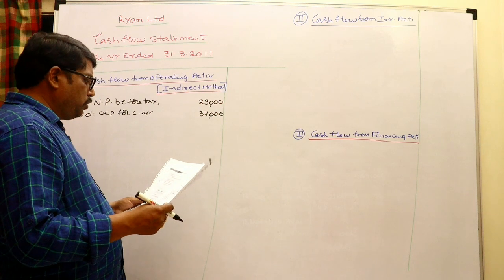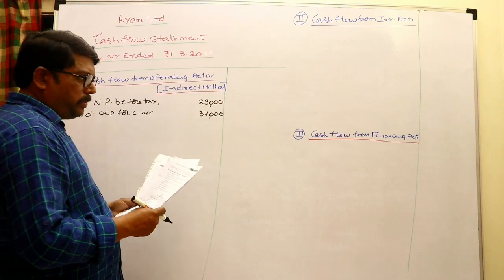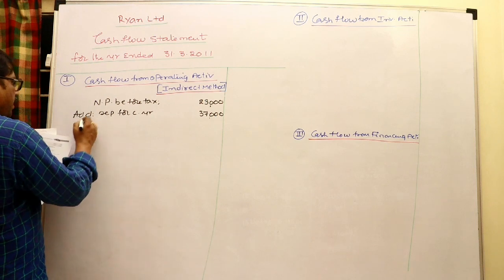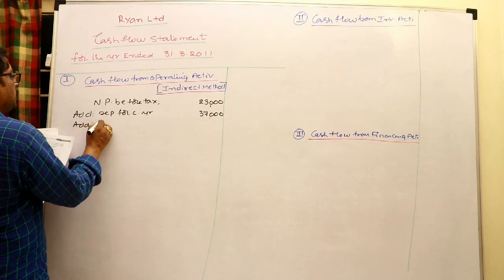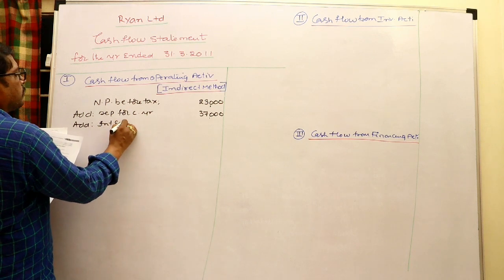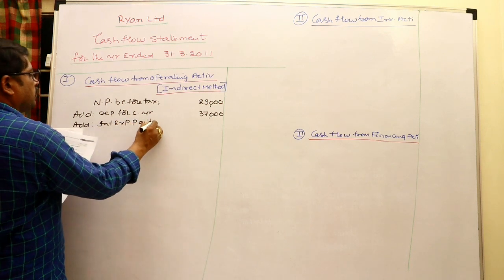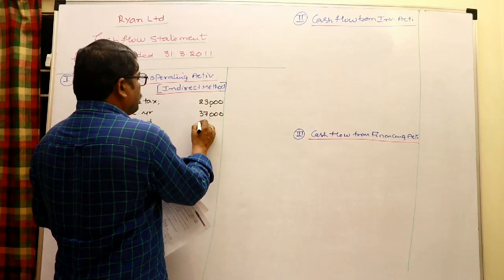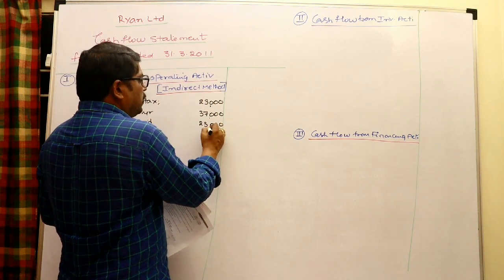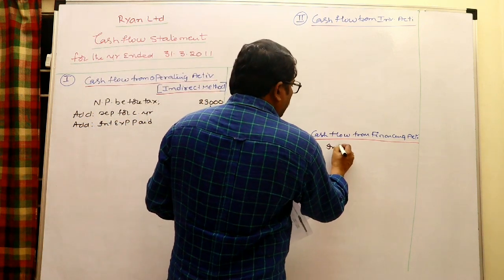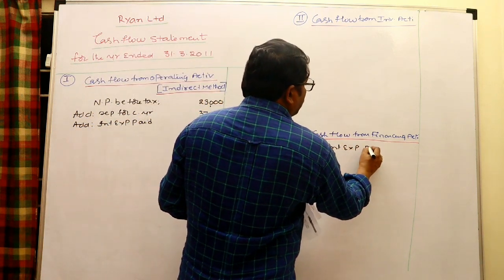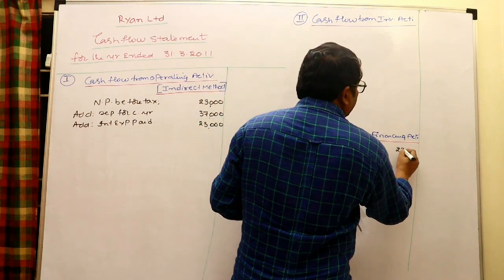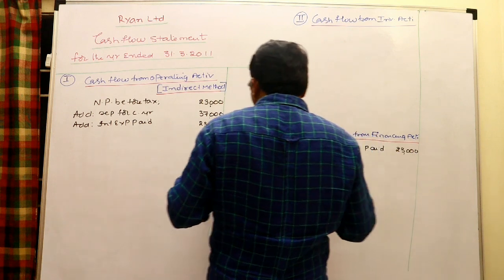Interest expense paid should be withdrawn here. Interest expense is a financing activity. You can add back here, it reduced your profit, so add back. Add interest expense paid, 23,000. It should be shown here. Interest expense paid is a financing activity, 23,000.